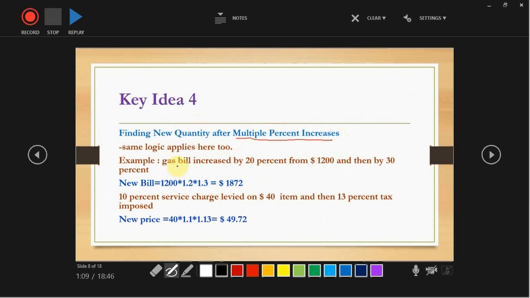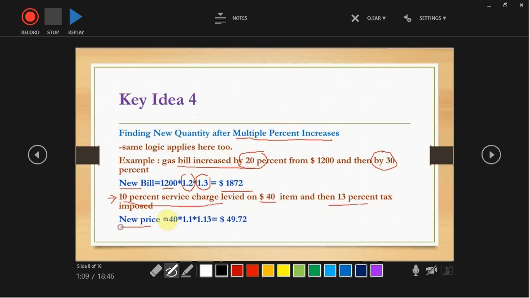For example, the gas bill increased by first 20% and then 30%. So the final price will be 1200 times 1.2 for the 20% increase, multiplied by 1.3 for the 30% increase, which is $1872. The next example is a 10% service charge levied on a $40 item and then a 13% tax imposed.